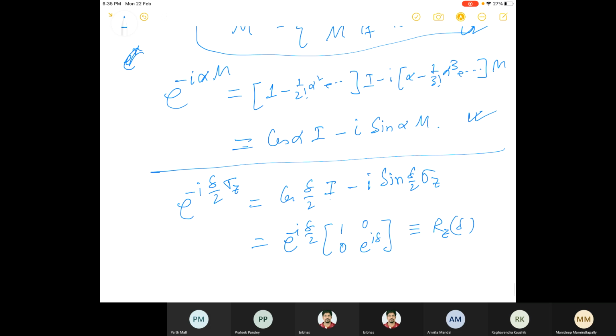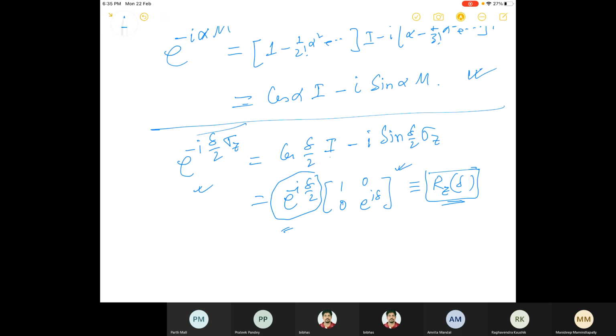If you apply this gate, this will be just a global phase which has no physical meaning. If you apply this on a state, on a qubit, the entire thing will get multiplied, but this has no meaning. So this RZ delta has the same effect as this one. This rotation about the Z axis is nothing but this matrix.